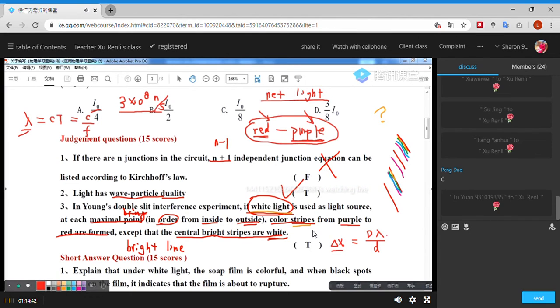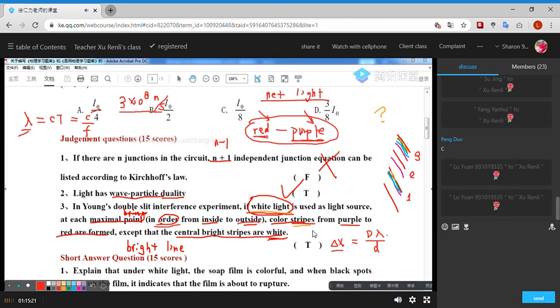For different orders, this is the first order, this is the second order, this is the third order. For each order, the red light is always on the outside because the wavelength is large. And the purple light has a larger frequency, so it has a lower wavelength and a lower strip spacing, so it's always inside.